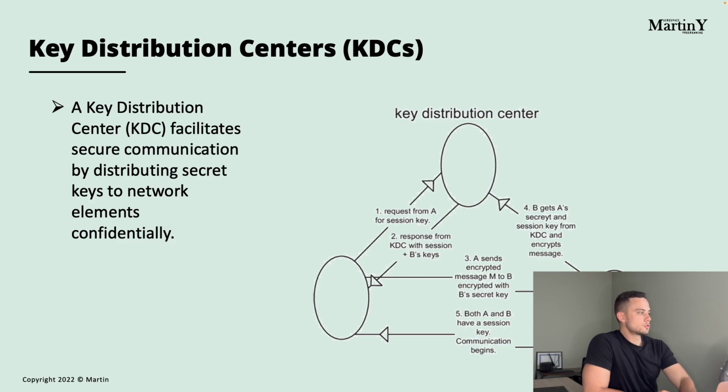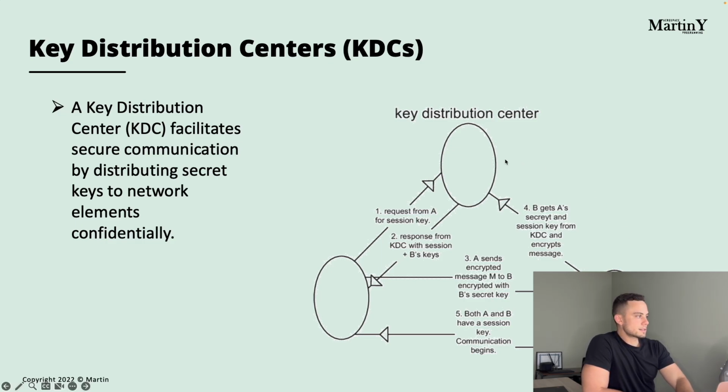After that, this key distribution center, which has data for all the secret keys, gives to A as a response the session key and the B secret key. Then A sends a message to B encrypted with the B secret key. Once the message arrives at B, B maybe wants to communicate with A again.